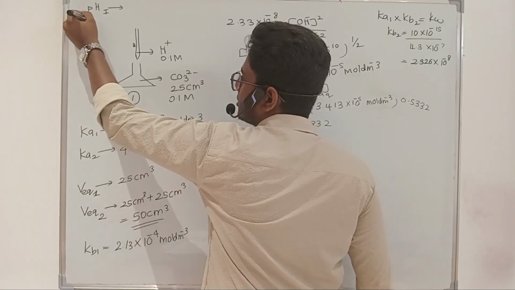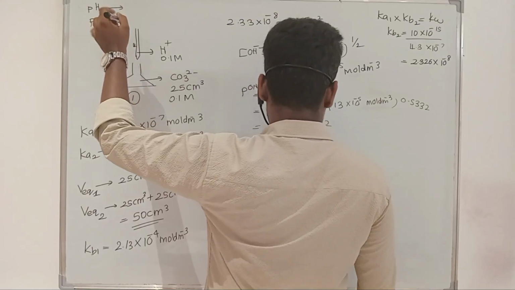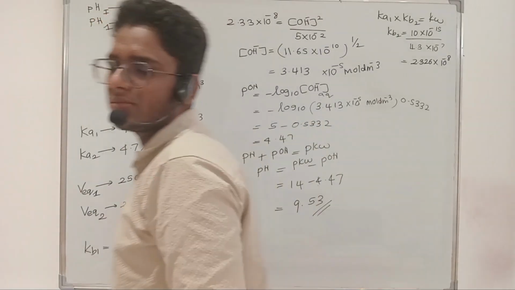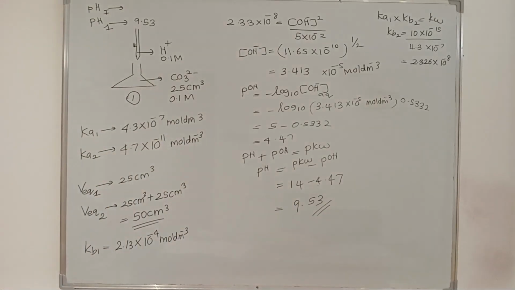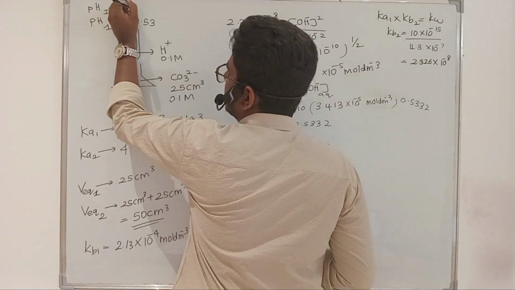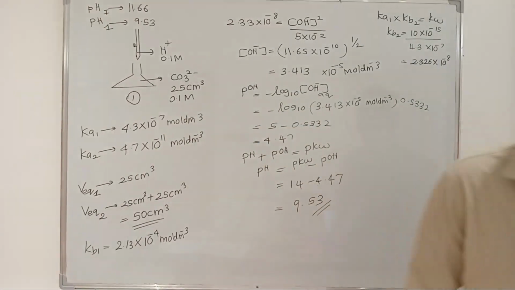Tell me somebody. pH at the first equivalence point is 9.53. What is the pH at initial? Anyone? All right, 11.66. That is the pH initially.